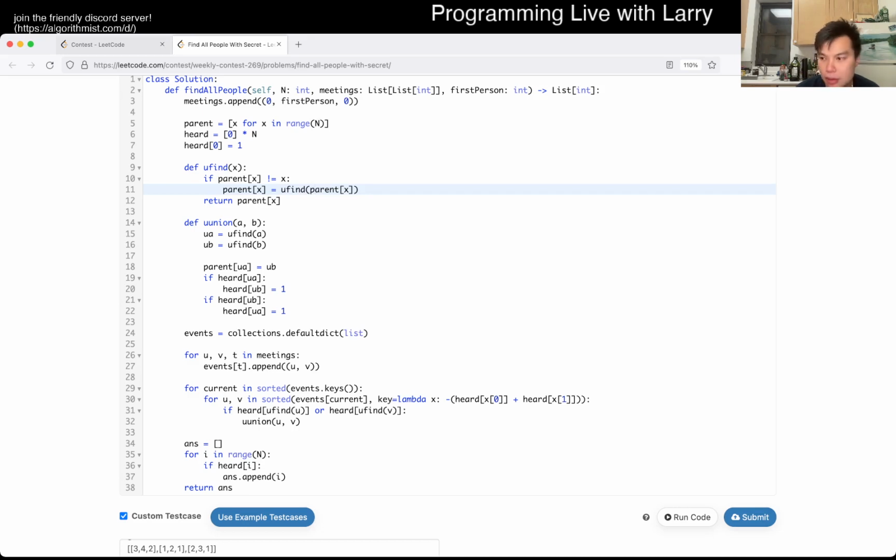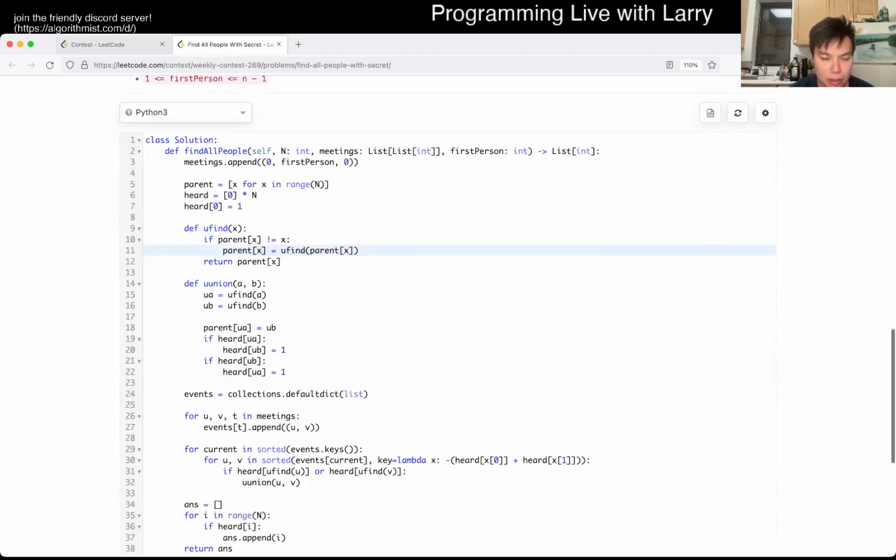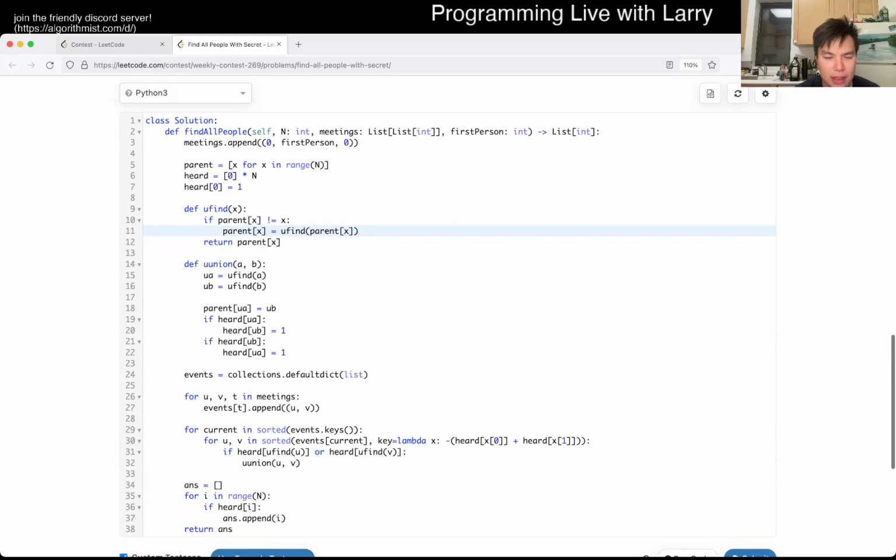Maybe I could have done something smaller. It took so long to do it the wrong way. This is a little bit sad.